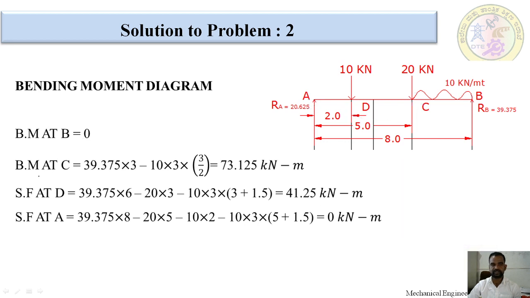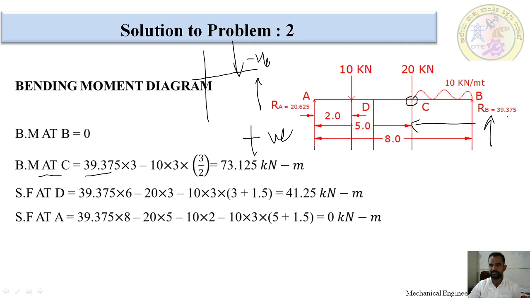Here is first the C point. At this point we are going to calculate. Firstly, in bending moment calculation, from right to the section, upward forces are taken as positive and downward forces are taken as negative. This would be an upward force. Up to here only we have to calculate. From here to this distance, 39.375 positive, 39.375 into this distance, which is 3 meter.